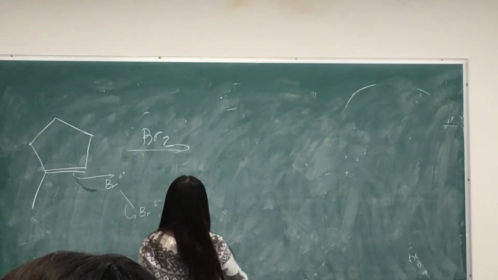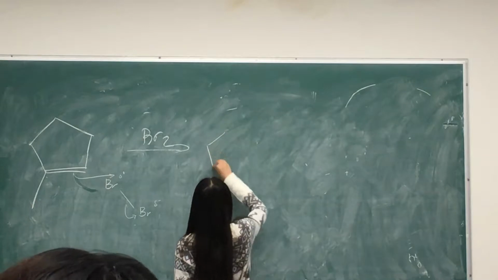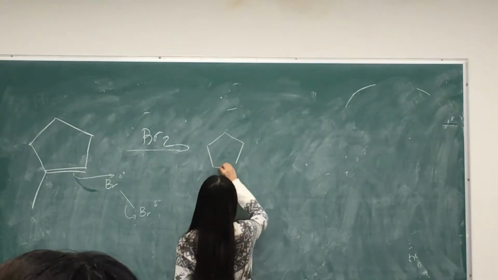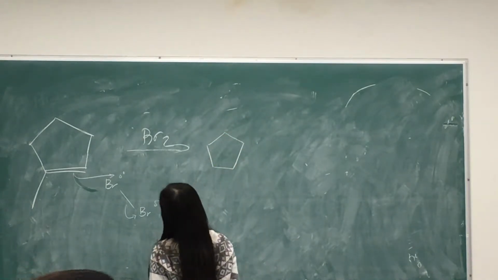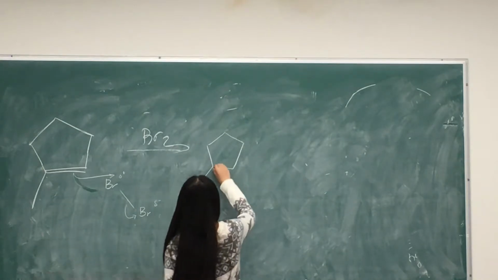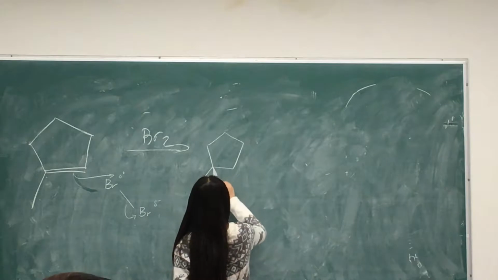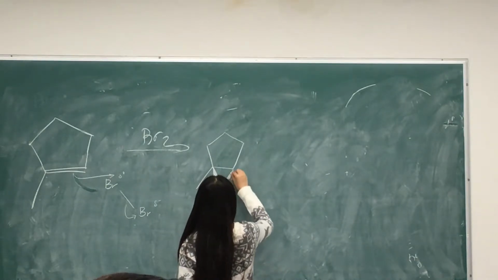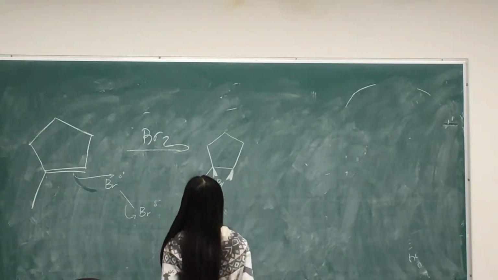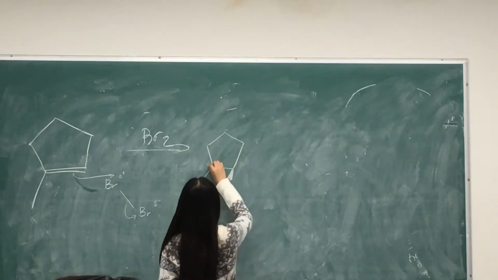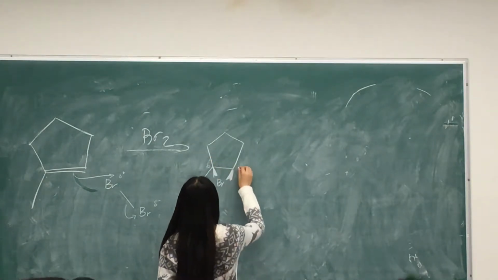So this one will form your ring. Because this transient state is more stable. Because this positive charge is shared between two atoms. So this will be more stable.